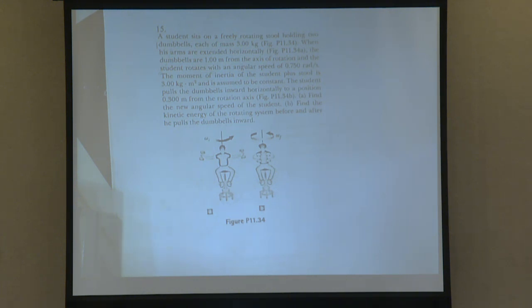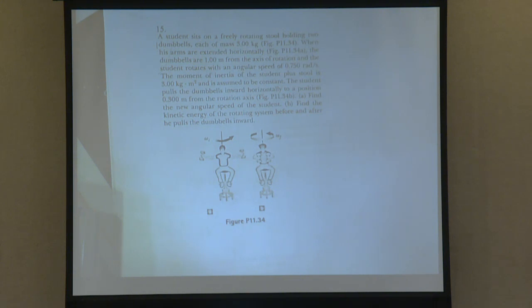So the moment of inertia of the student plus the stool is 3 kilograms times meters squared, and this is a constant, so it's not changing. And then he pulls the dumbbells inward to be 0.3 meters from the axis of rotation. So we're finding his change in angular speed.